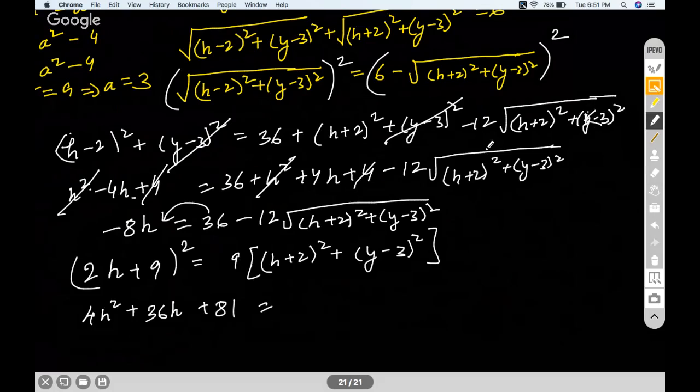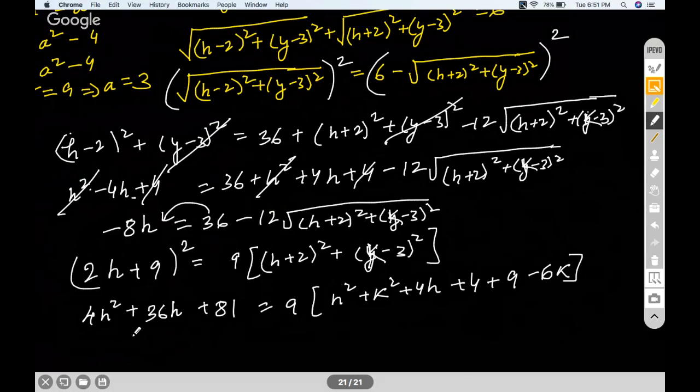So this is k. This is k. Okay. So 9 times h square plus k square plus 4h plus 4 plus 9 minus 6k.